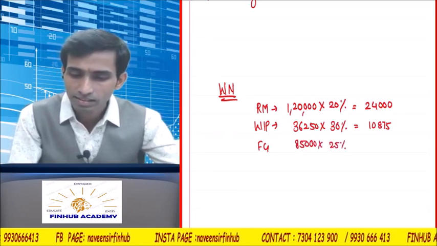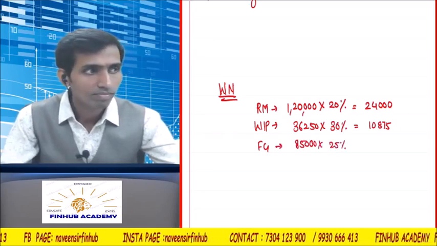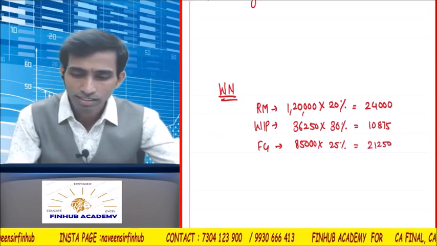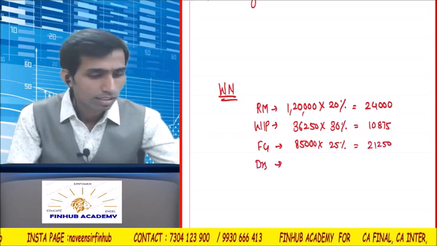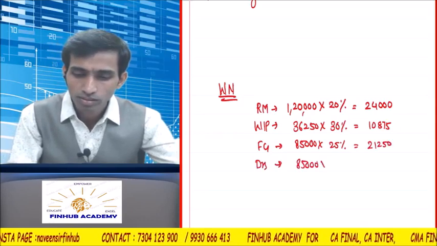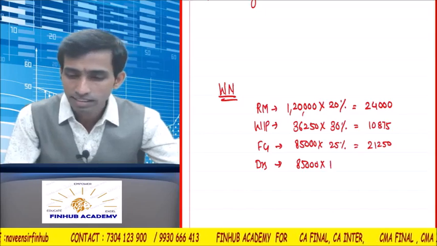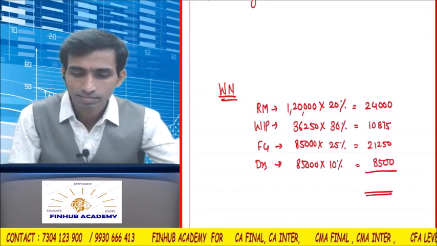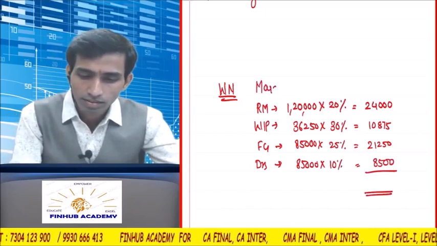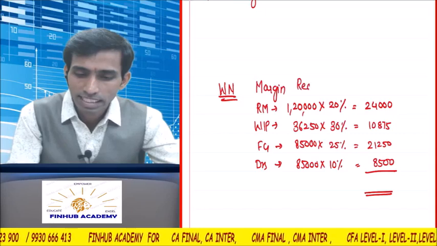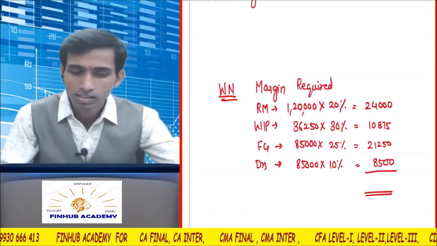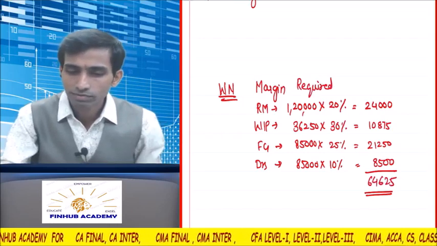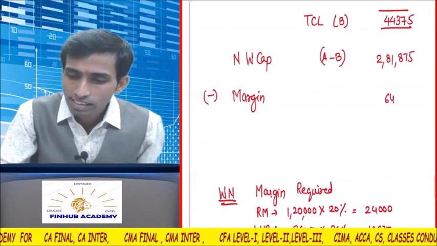Answer 21,250. Debtors is also 85,000 into 10%, so 8,500. Total of this is the margin required: 64,625. This much money you should have as margin.